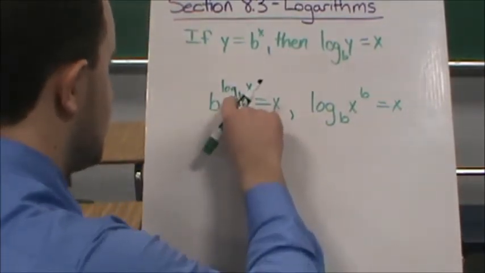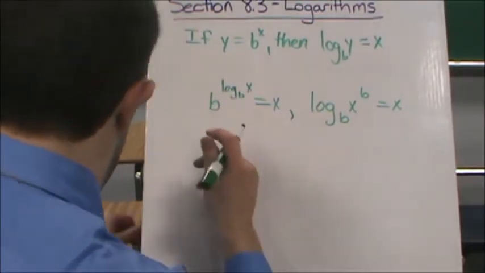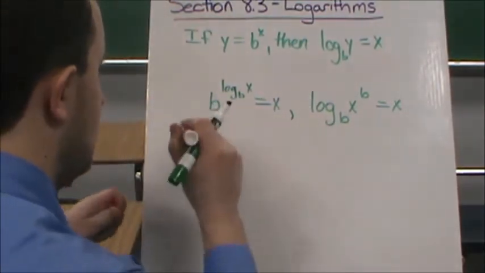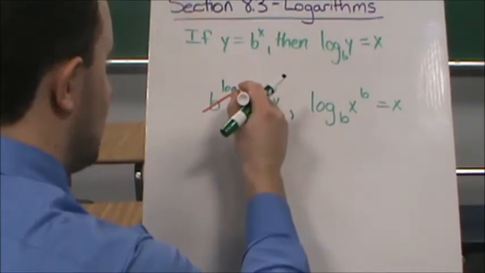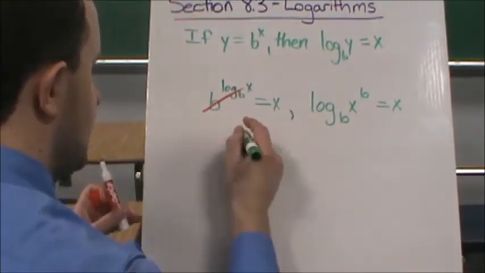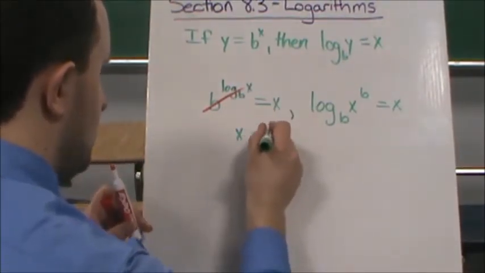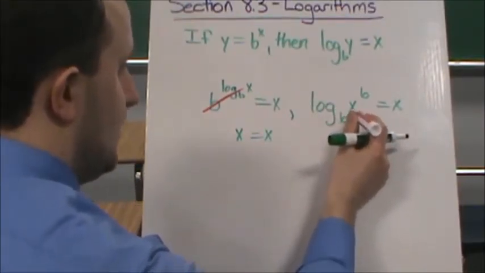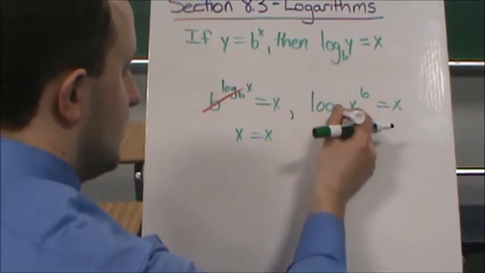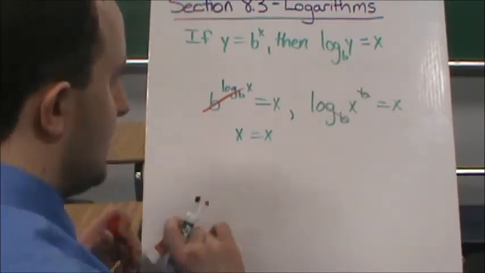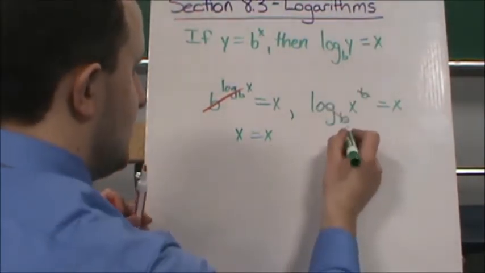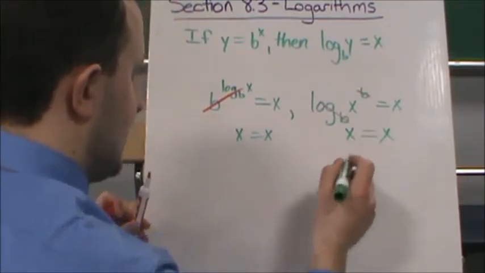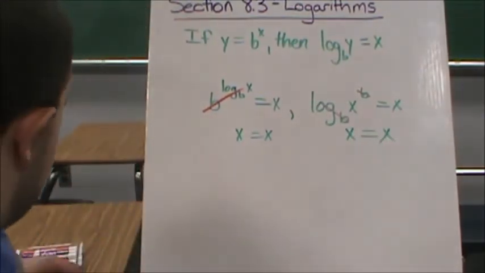The b raised to the log base b power will cancel and give us the x value. So x would equal x, and then the log base b of b to the x power, that would cancel log base b and the b power and just give us x is equal to x.